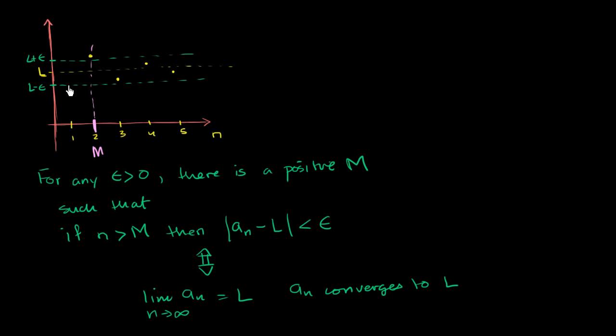And we see right over here, at least visually, if you pick an n that's larger than M, if n is equal to 3, a sub n seems to be close enough. If n is 4, a sub n is even closer. It's within our epsilon. So if we can say this is true for any epsilon that we pick, then we can say that the limit exists, that a sub n converges to L. In the next video, we'll use this definition to actually prove that a sequence converges.